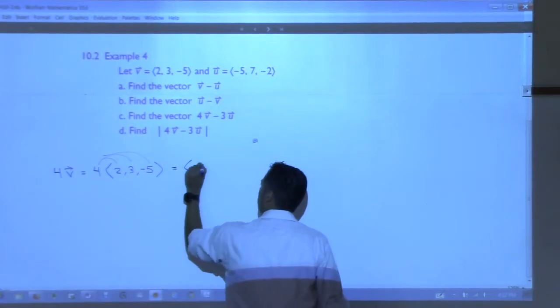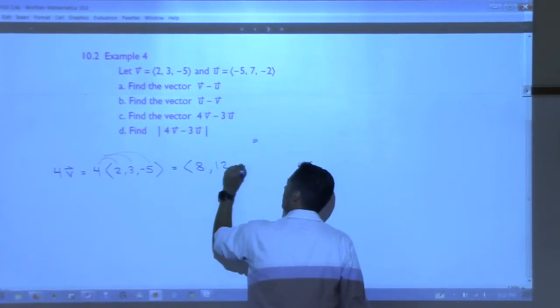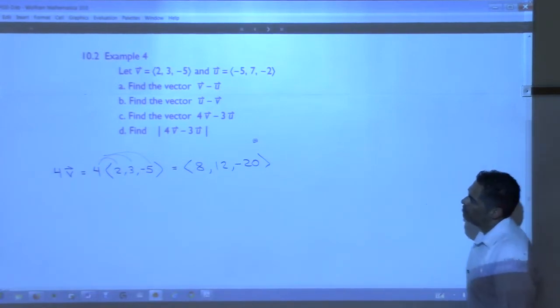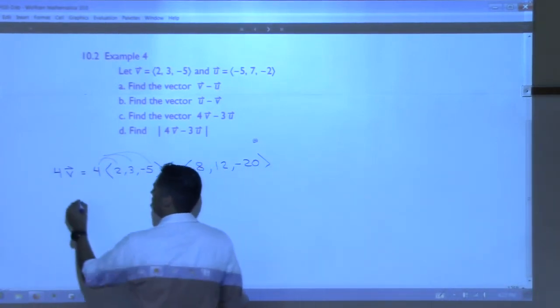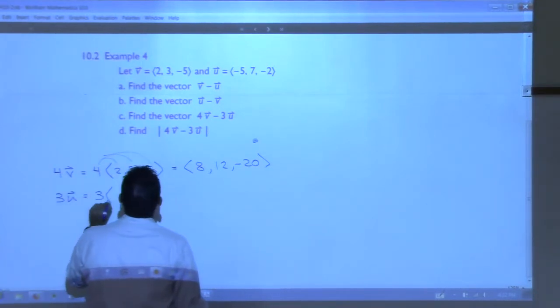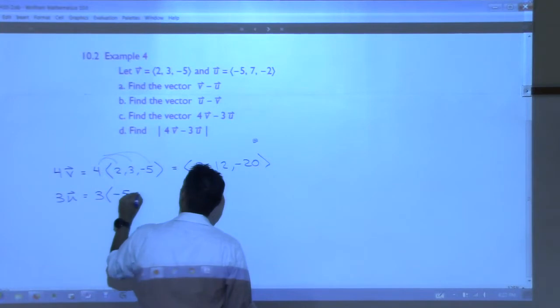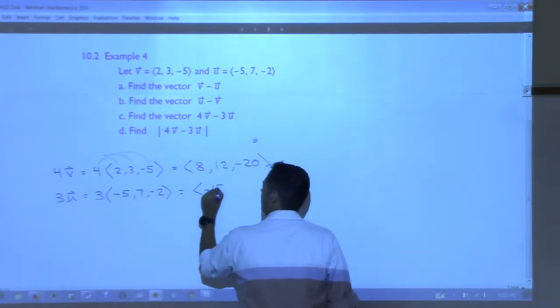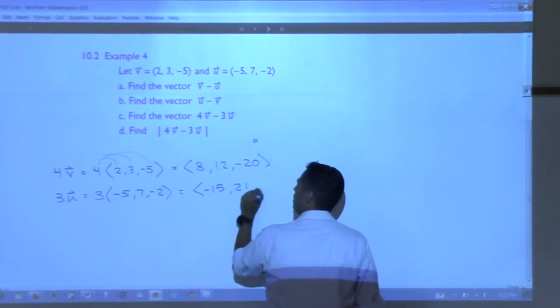What do we got? 8, 12, negative 20, right? That's 4v. We also need to do 3 times u. So 3 times the vector u, which is negative 5, 7, negative 2, which is negative 15, 21, negative 6.